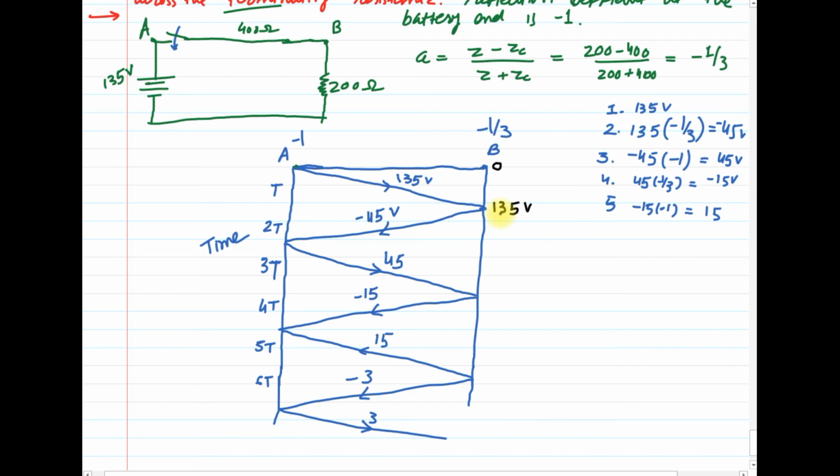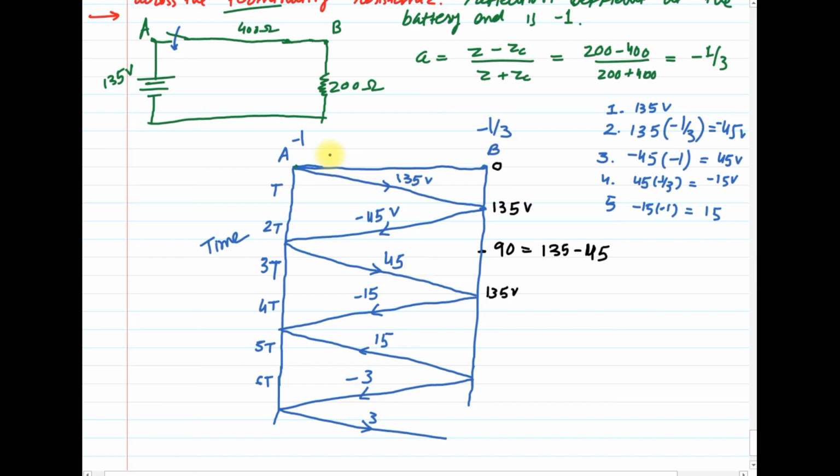So here, at nearly 2t, the voltage at the end of the transmission line is 90 volt, which is 135 minus 45 volt. Clear? Over here it is 90. Next, same way here it is 90. So again here it is 135.